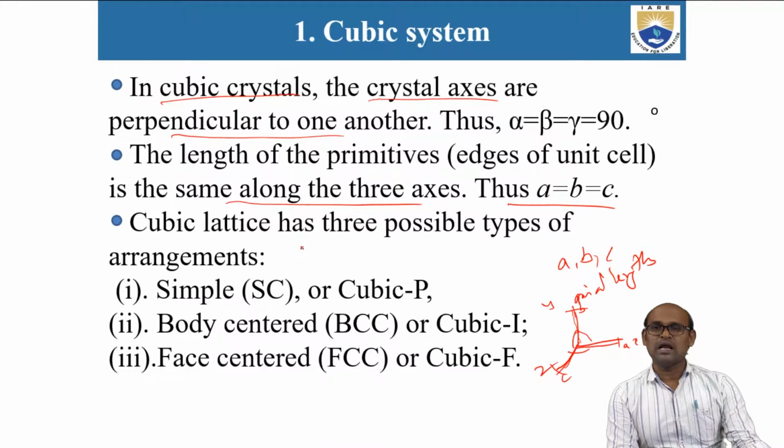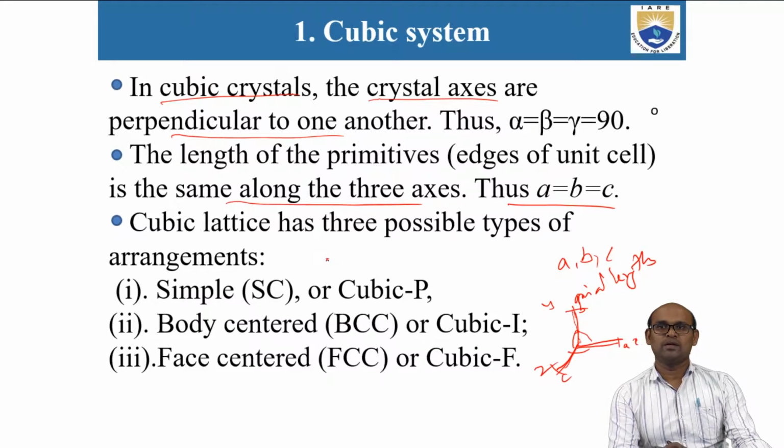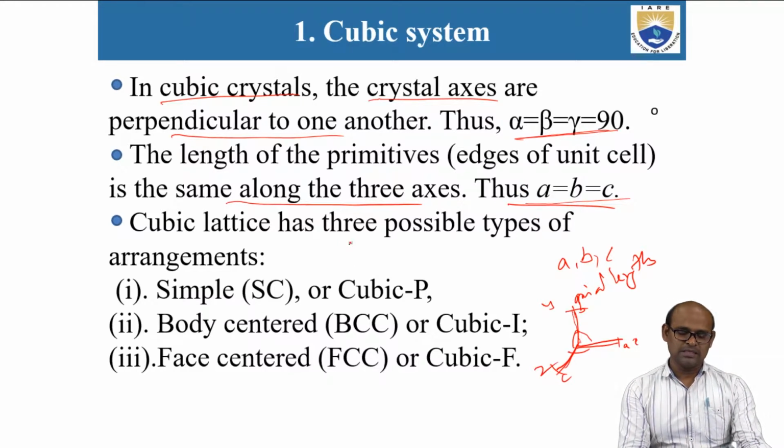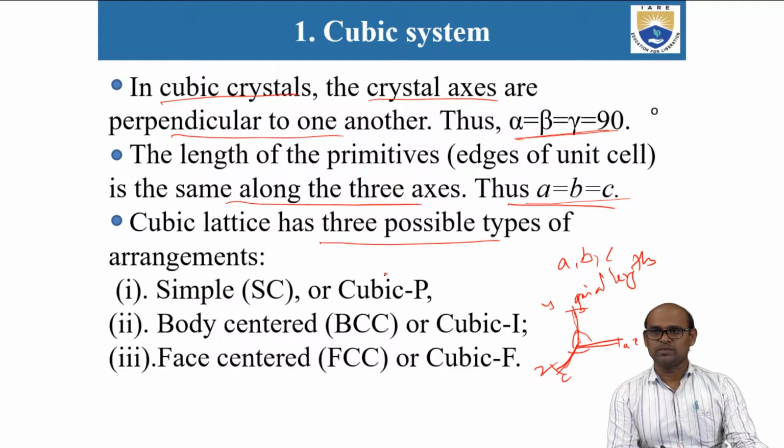The cubic crystal system has the condition that all the axial lengths are equal, A equal to B equal to C, and all the interaxial angles are 90 degrees, so alpha equal to beta equal to gamma equal to 90 degrees.